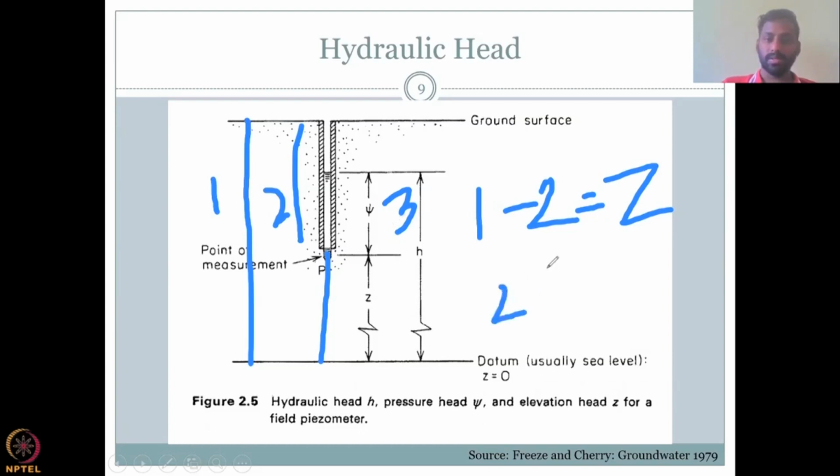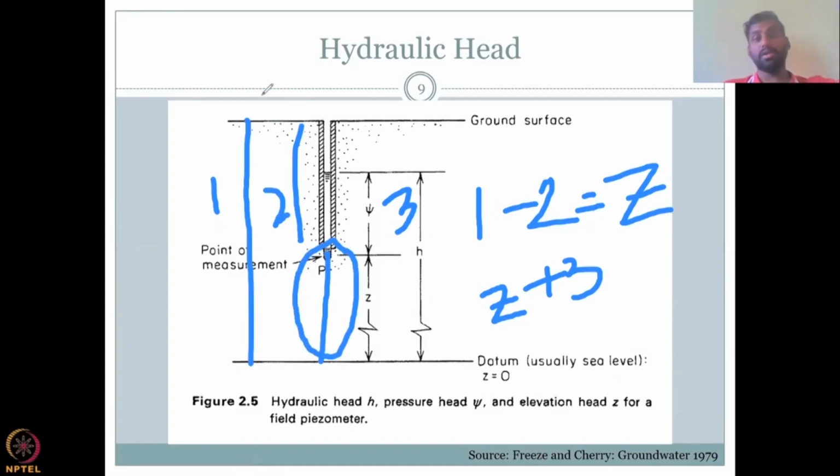So Z plus your 3 will give you your H. Please understand that this is what we want, but in order to get this, you have to subtract your elevation using your depth to the well. So now you get H.